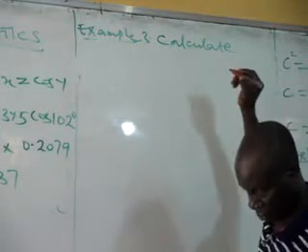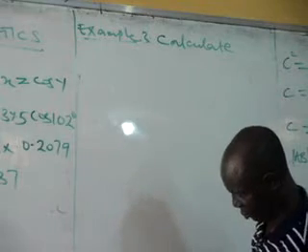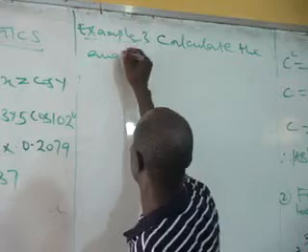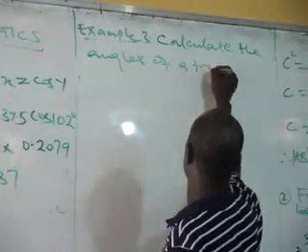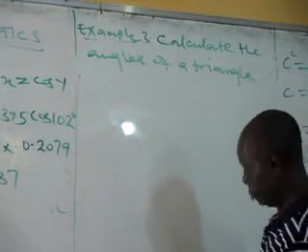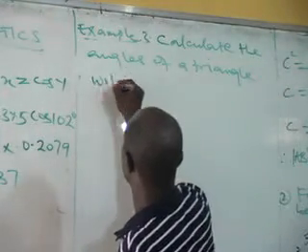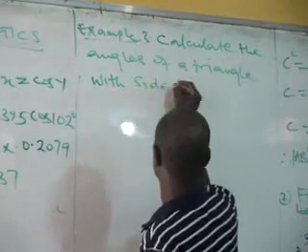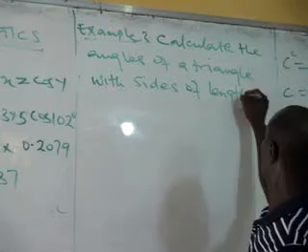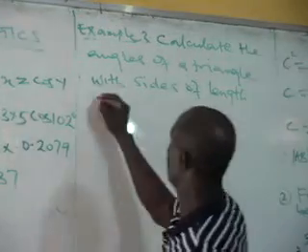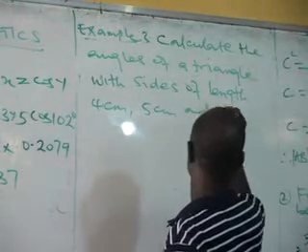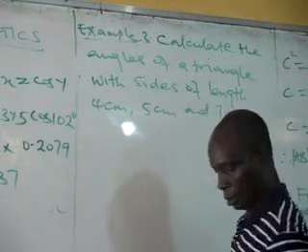Calculate the angles of a triangle with sides of length 4 centimeter, 5 centimeter, and 7 centimeter.